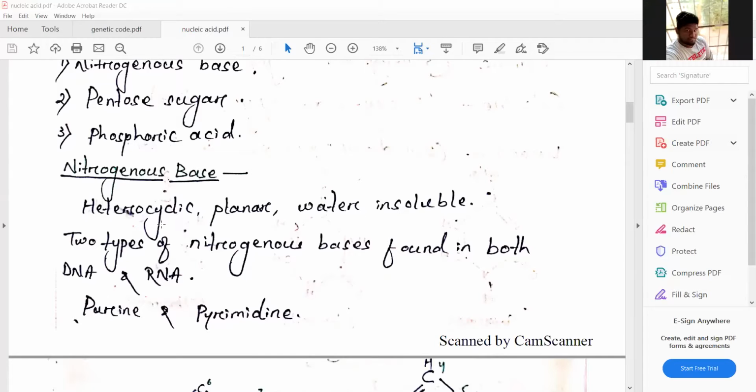There are two types of nitrogenous bases in both DNA and RNA: purine and pyrimidine. You must know the Chargaff rule.